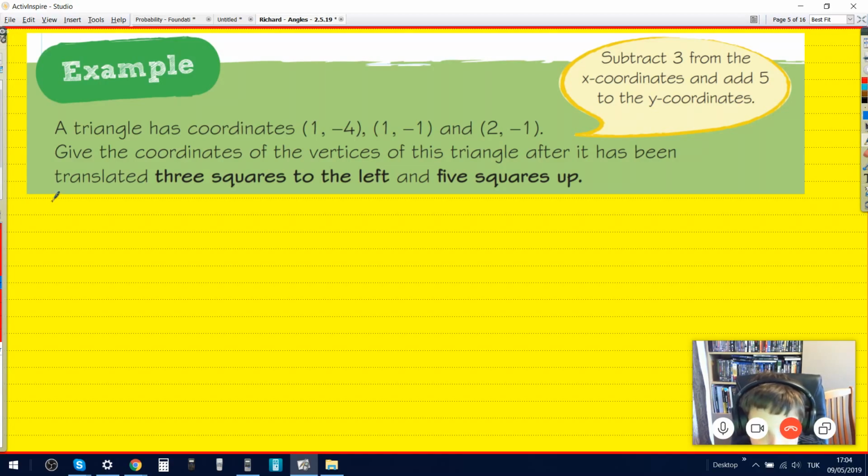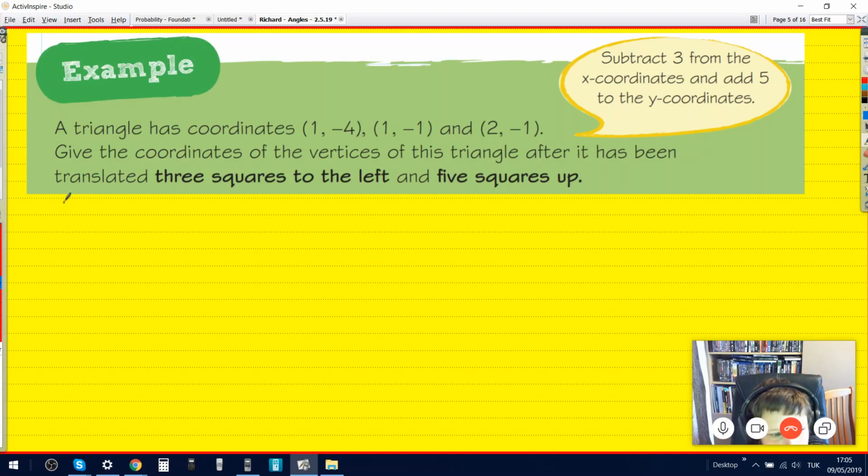So for this, we would need to, well, first we will need to move the first number 3 squares to the left. And for the first one, it's 1, -4.